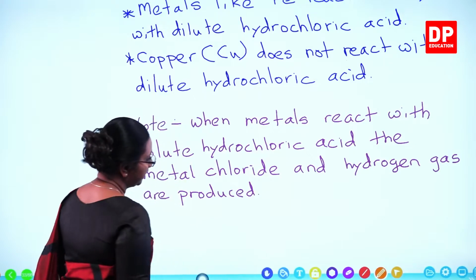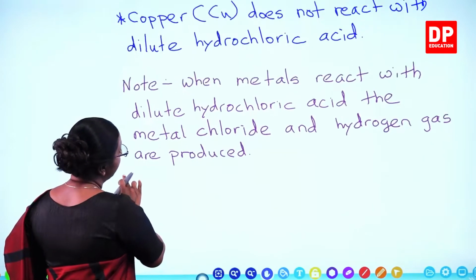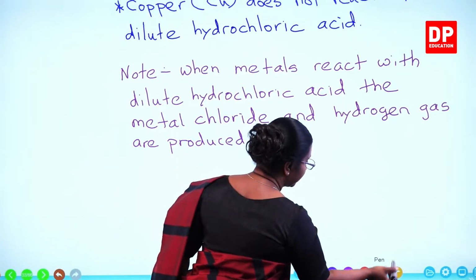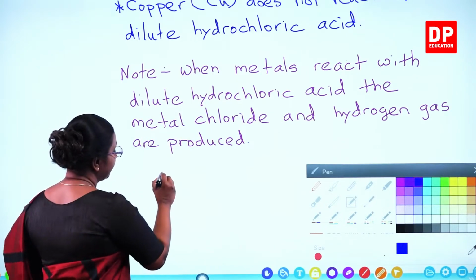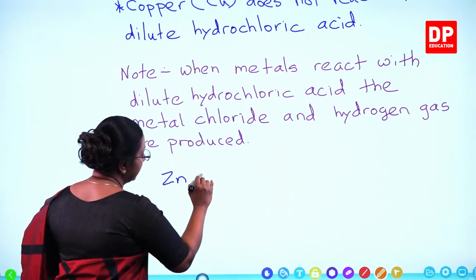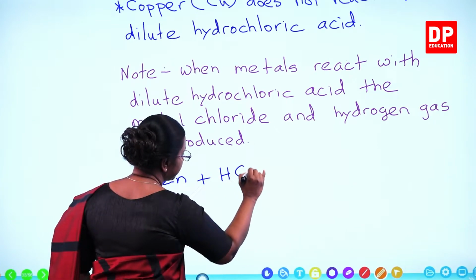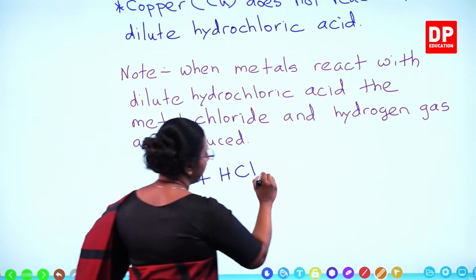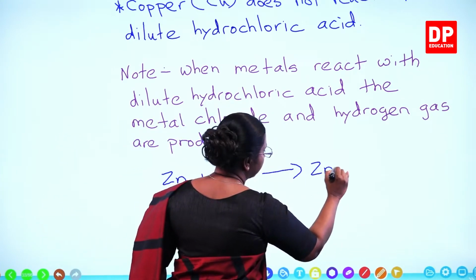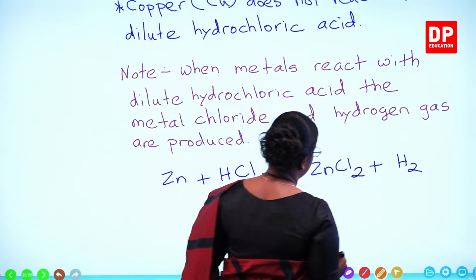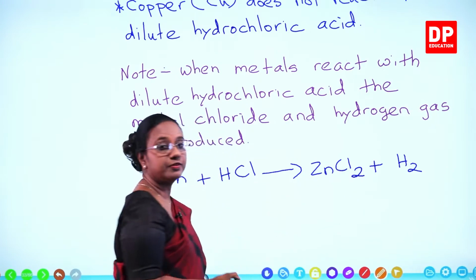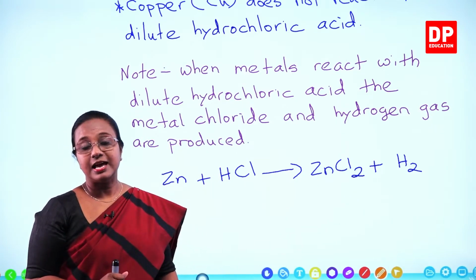So that is something you have to remember. And already I showed you all a reaction with magnesium. Say if you write the reaction with zinc, again it's going to be a similar reaction. Zinc with hydrochloric acid, you will get the product as zinc chloride and hydrogen gas. So this is the chloride of the metal and hydrogen gas are evolved.